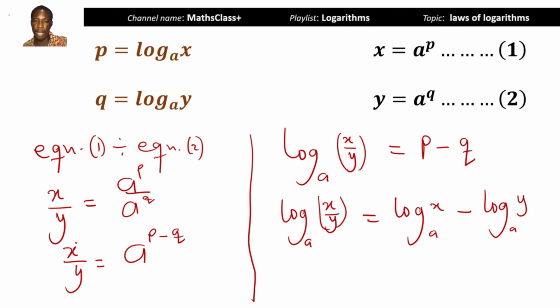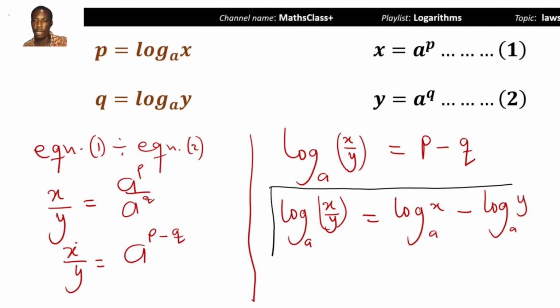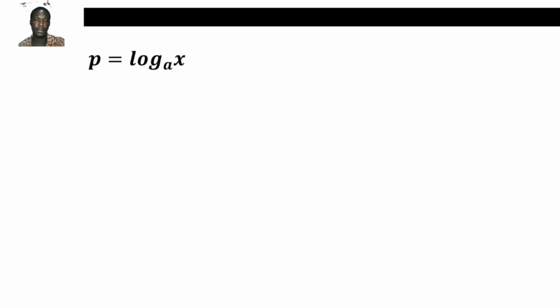And this is our second law of logarithm. And this expression is true for all logarithms of the same base. Okay. Law 3. In this law, I'm going to use p is equal to log x to the base a.